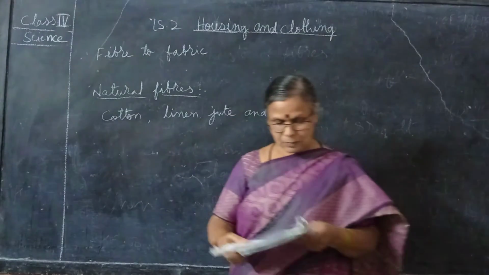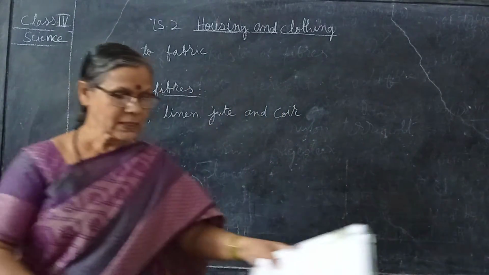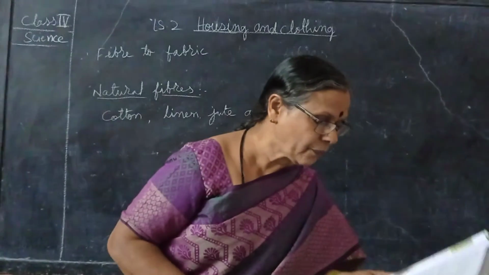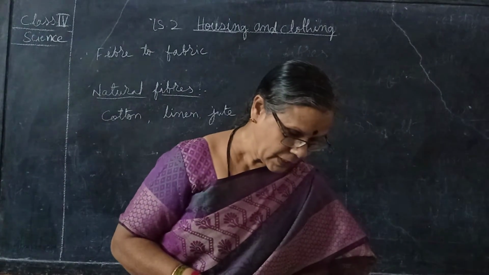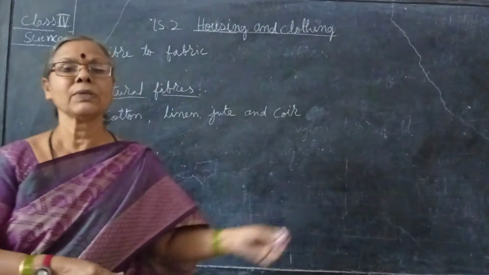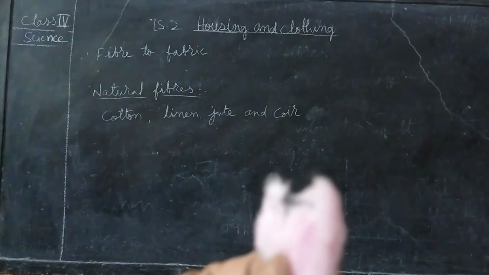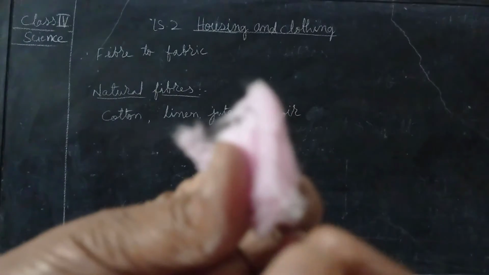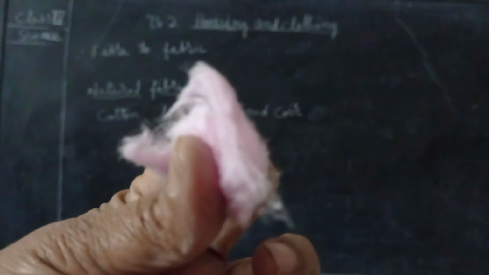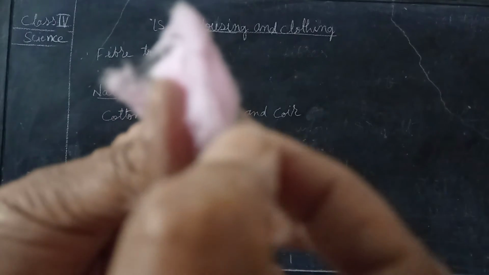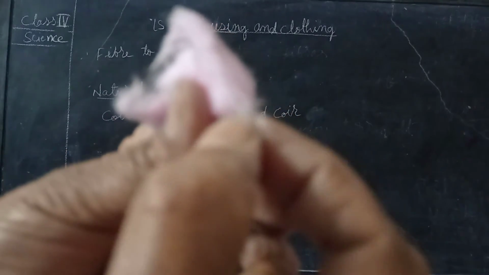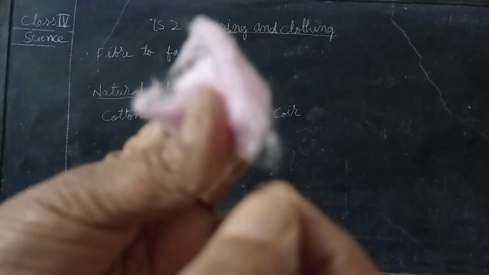Now let us learn about that. You will find the cotton balls have thin fibers. This is the cotton ball I have in my hand. You can see these are the cotton fibers. These very thin thread-like structures are called lint.